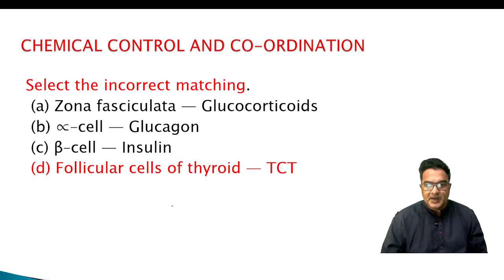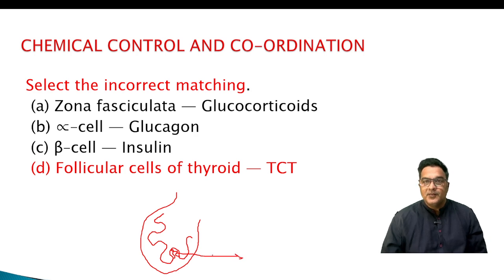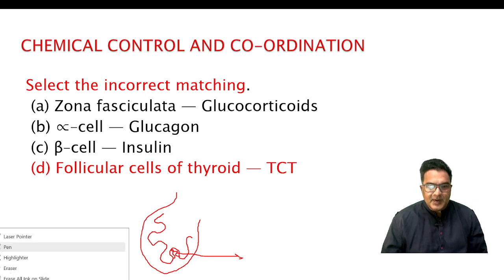Here you have to check it out like this. If this is a lobe of thyroid gland, these are the lobules. Among these lobules, whatever cells are present, we call them follicular cells. In between the follicular cells, this is the cell.